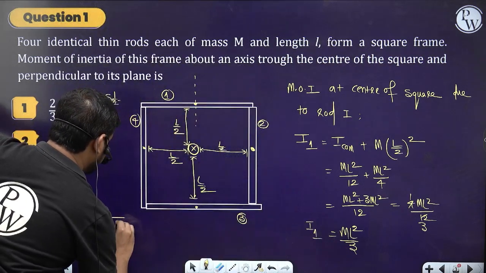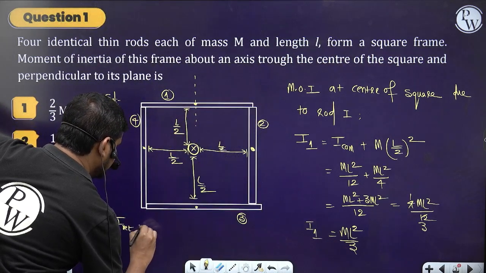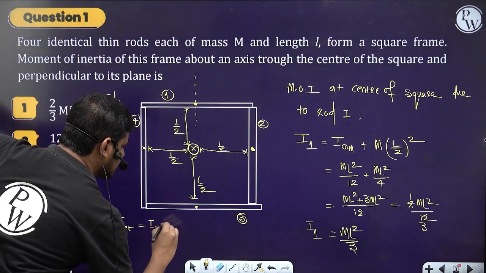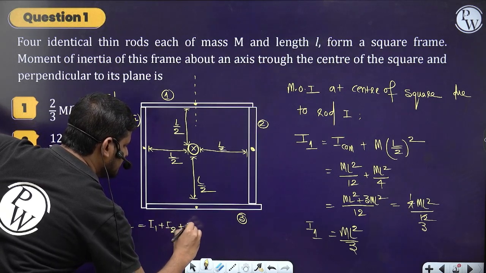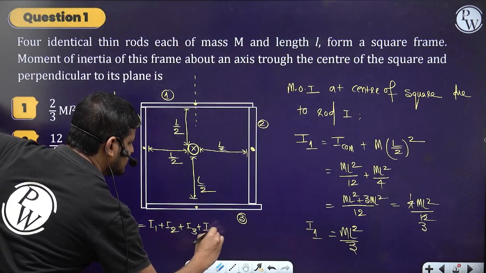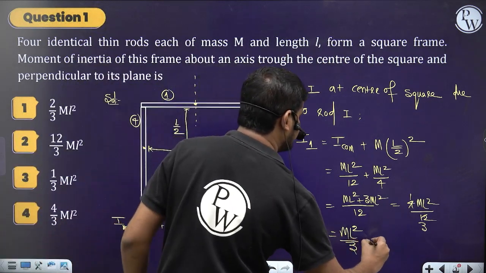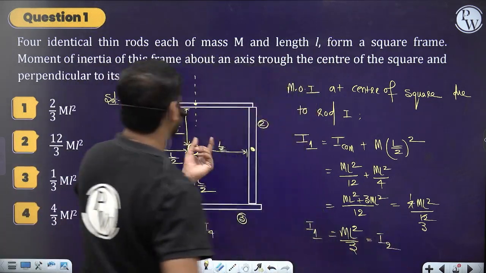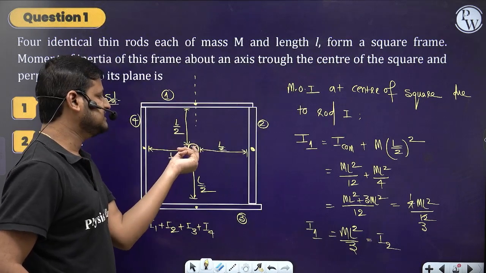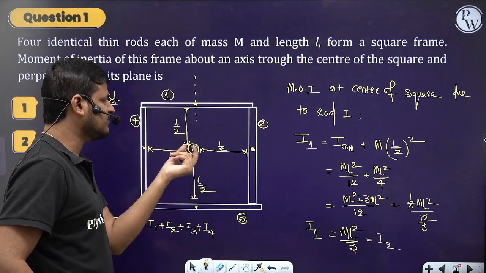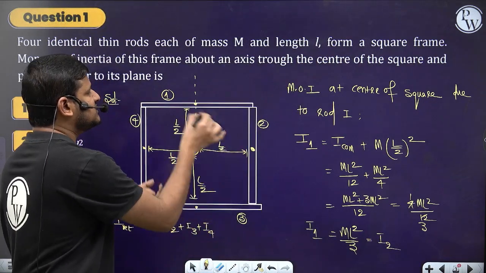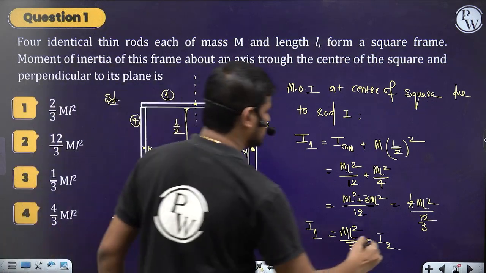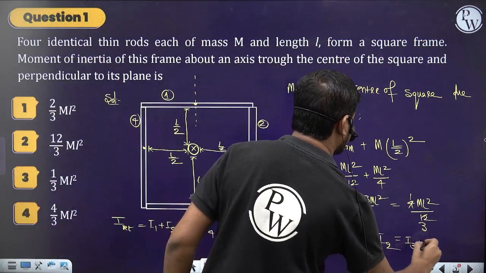So the net moment of inertia due to all the 4 rods will be I1 plus I2 plus I3 plus I4, right? All these will be the same because they are identical. The axis you are finding it about is parallel to all the centers of mass, so that's why this is the same for I2, I3 and I4 as well.